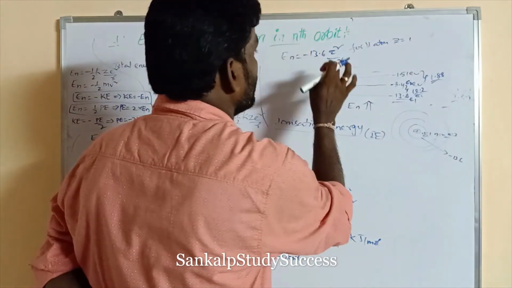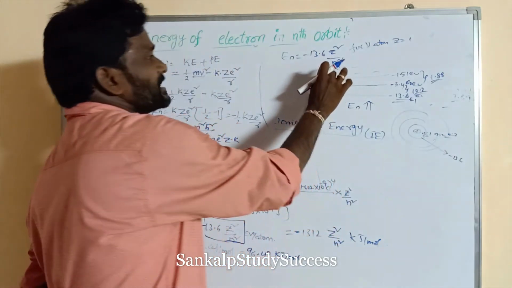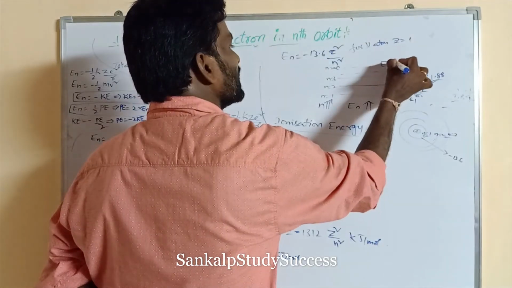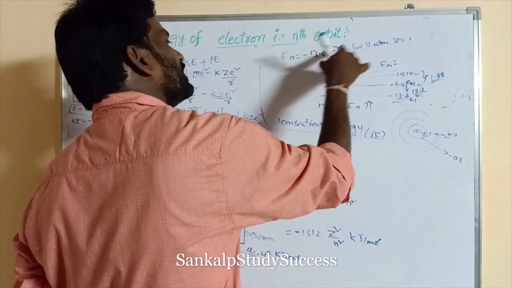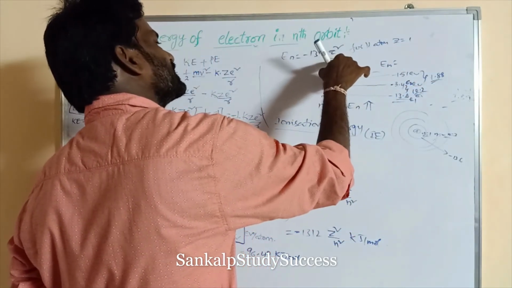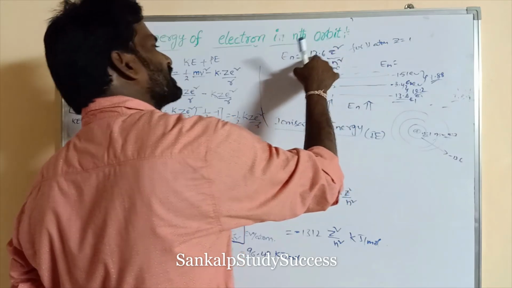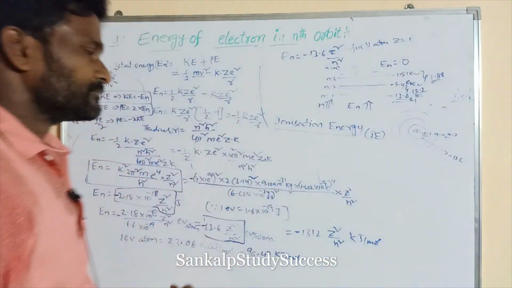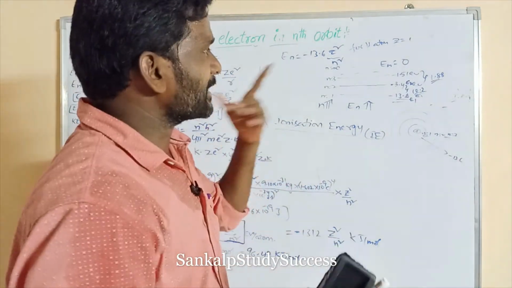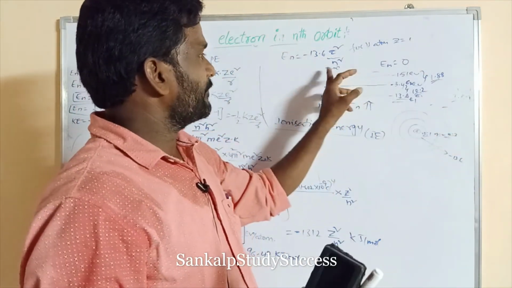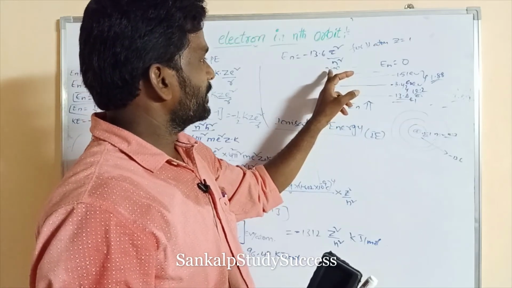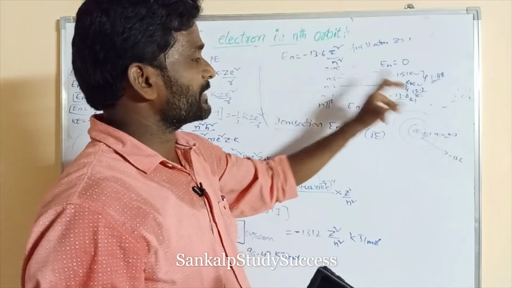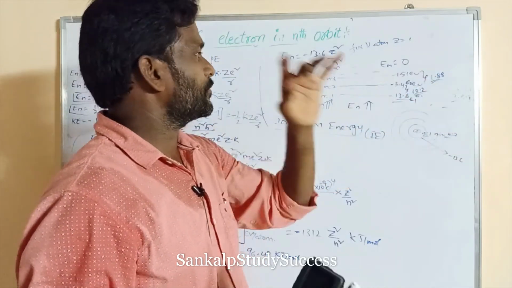So suppose we take n equal to infinity, what is its value? En is equal to minus 13.6 into 1 by infinity square, which means 0. So the energy of the electron for the infinity shell is equal to 0.